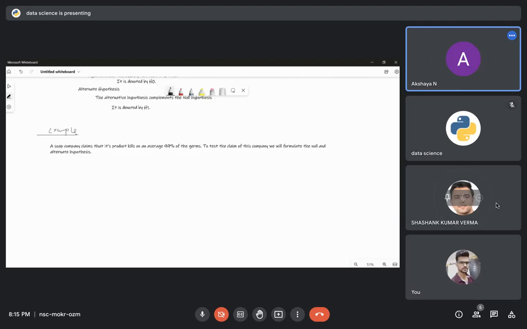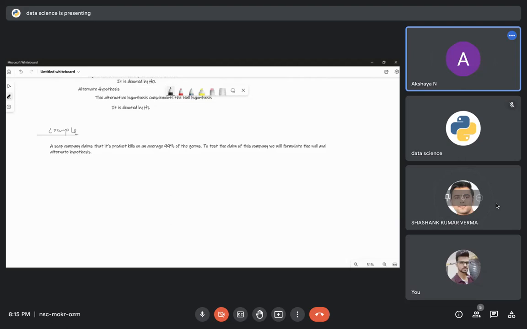In order to perform hypothesis testing, we first have to understand whether the problem belongs to one-tailed or two-tailed. I will explain what is one-tailed and what is two-tailed. Let me give you an example of one-tailed or two-tailed.